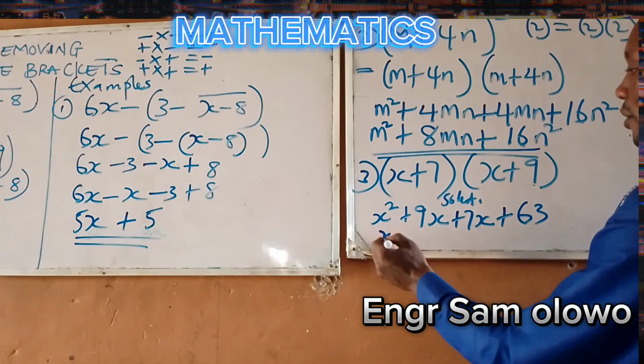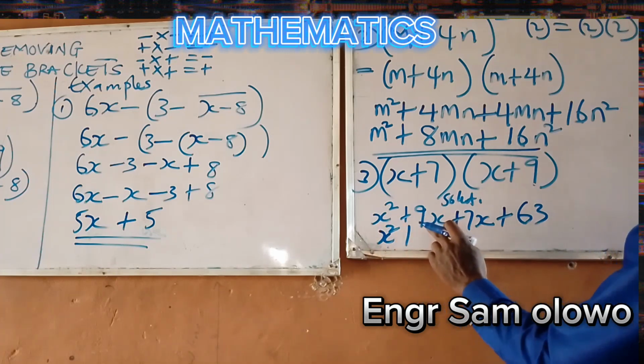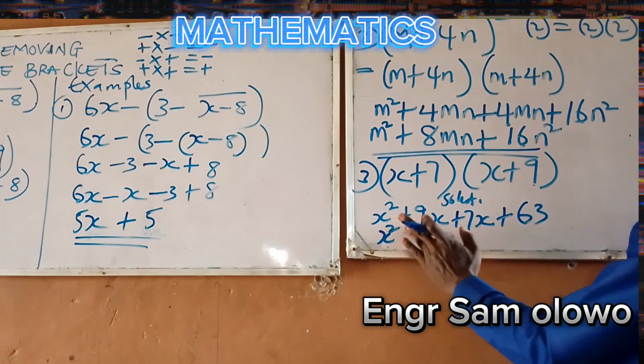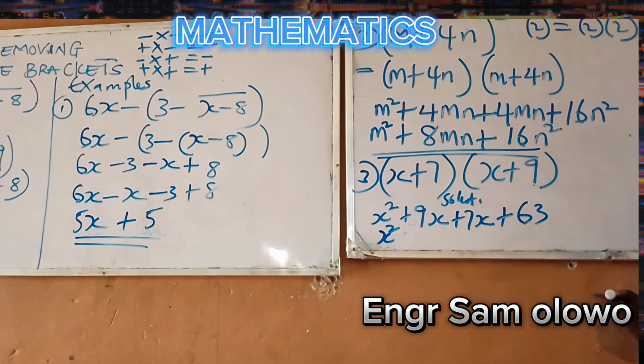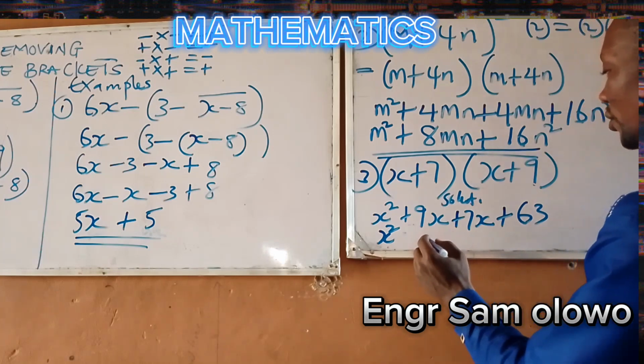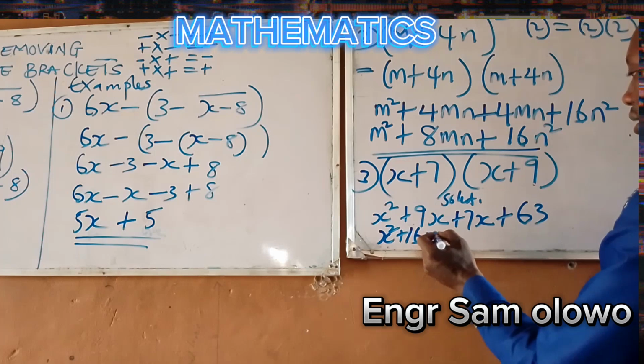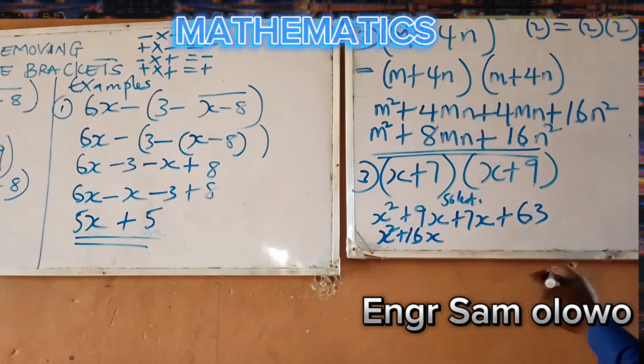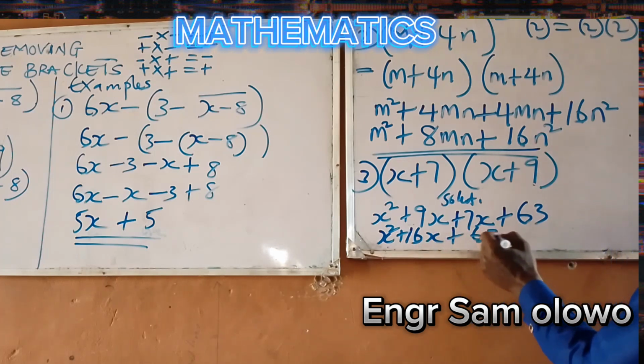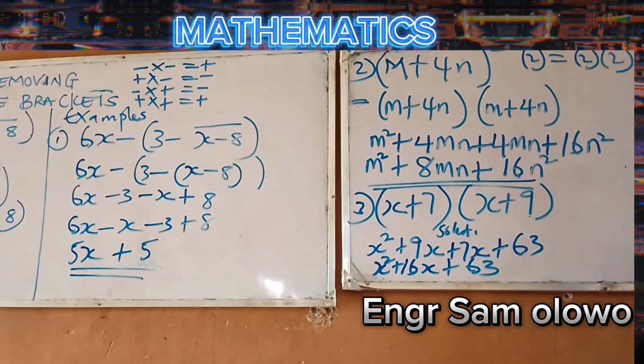So your final answer is going to be x squared, your 9x plus 7x, we give you 16x, plus 63. x squared, 16x and 63 are not in like terms. So therefore, our final answer is going to be x squared plus 16x plus 63.